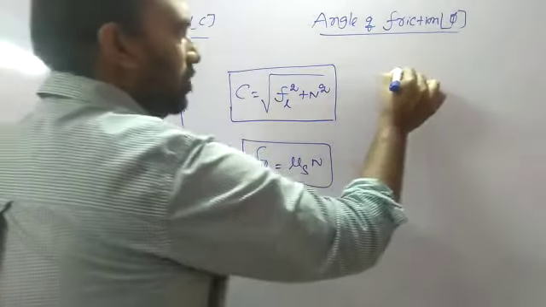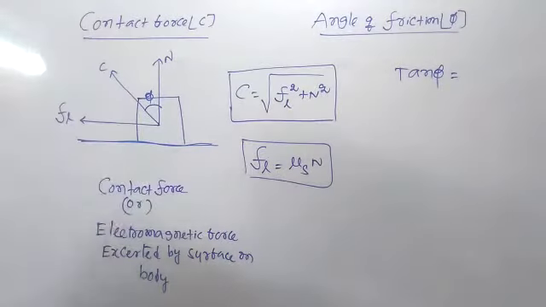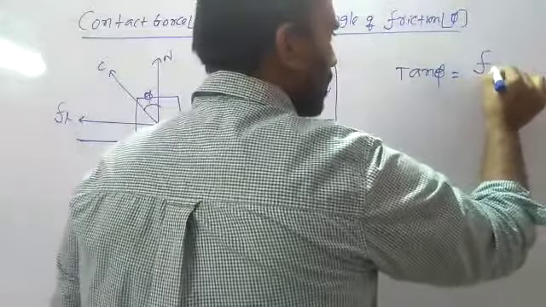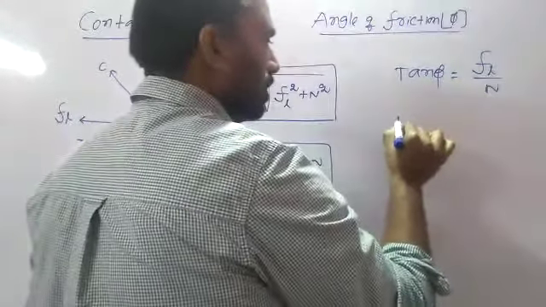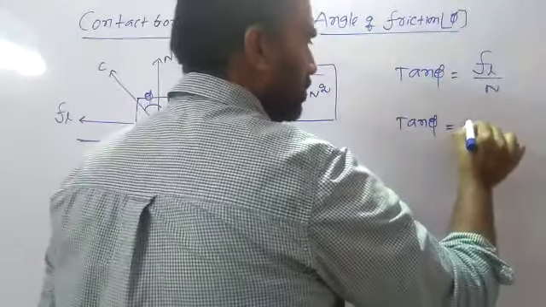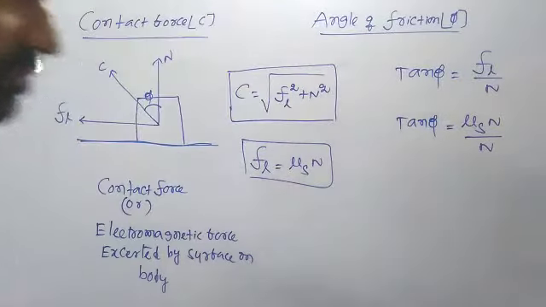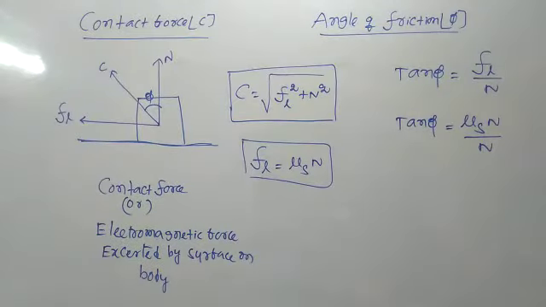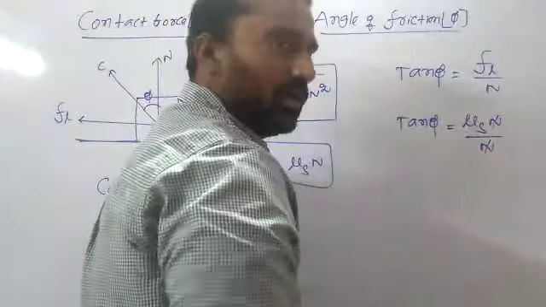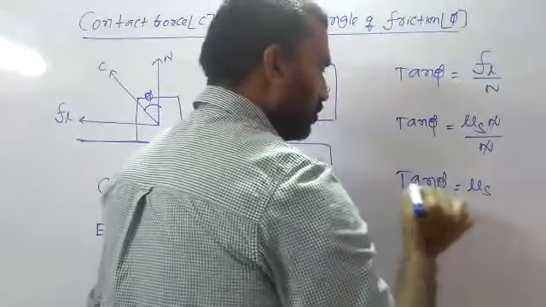Therefore, tan phi is equal to the opposite side, limiting friction, divided by normal reaction, which is mu s N by N. Here N and N cancel, so tan phi is simply mu s.